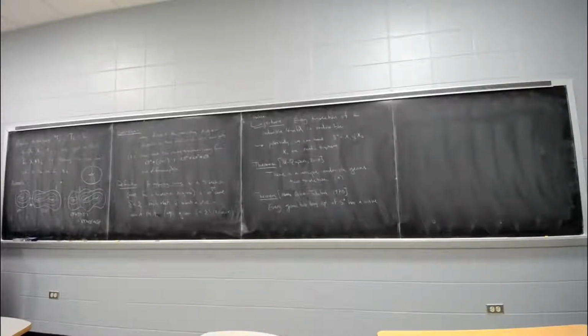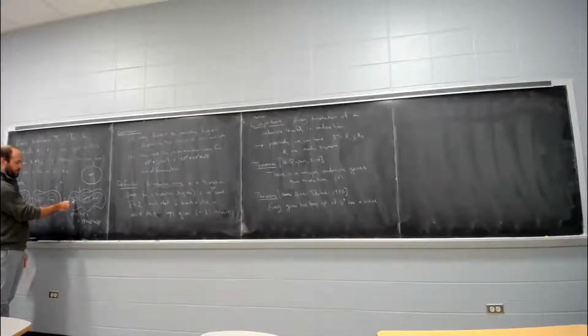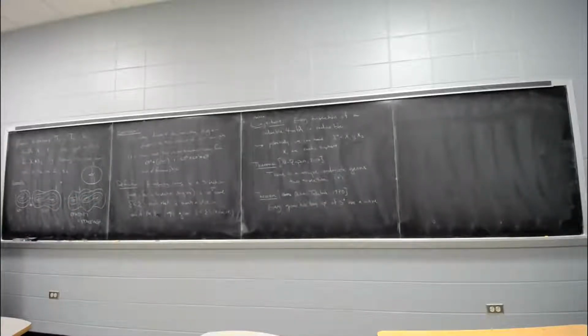How do you tell that it bounds disks in all three handlebodies? Yeah, good. Well, do you believe that the purple curve bounds in the alpha handlebody? Yes. Well, the other two are diffeomorphic. There's a diffeomorphism taking the blue curves to these blue curves and fixing that one.